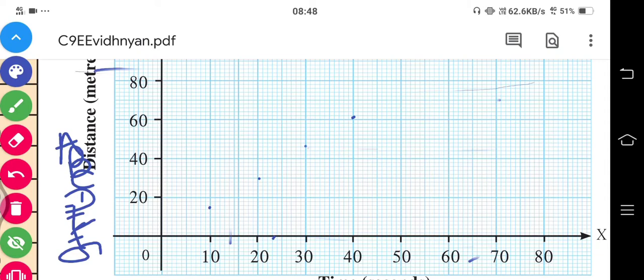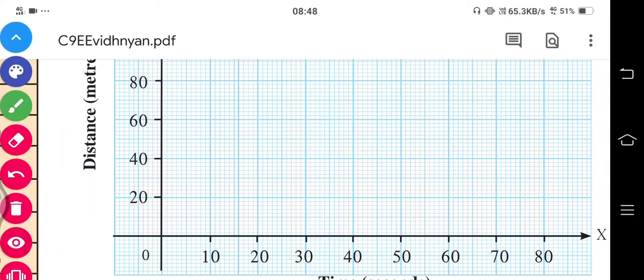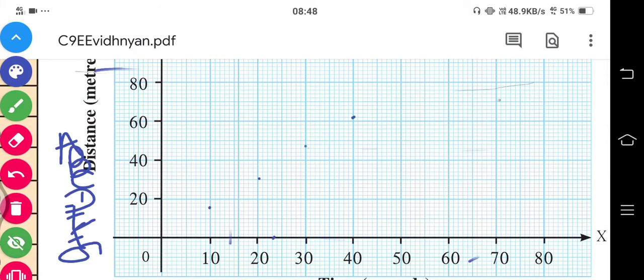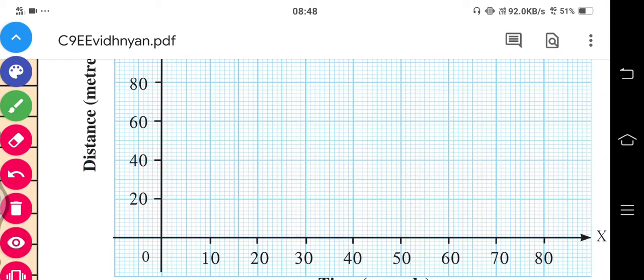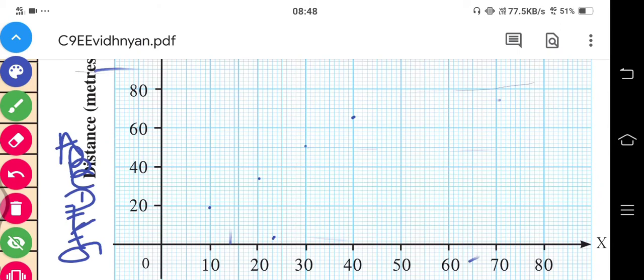After that, 50 and 75. It is difficult. So here is 50 and here is 70, and 75 is there approximately. The remaining points will be drawn later because it is difficult to draw.